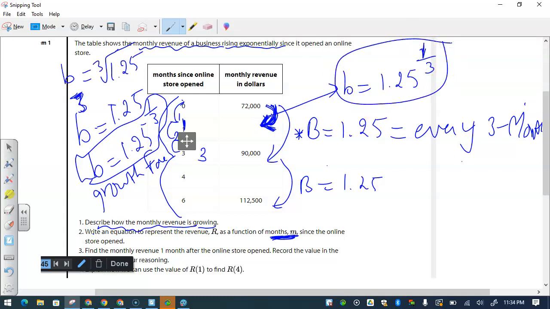So if I want to write an answer for this, the revenue is R and it depends on the month. So the input is the month, and that's the output. The input is M, so we can call this M, and the revenue is this one.